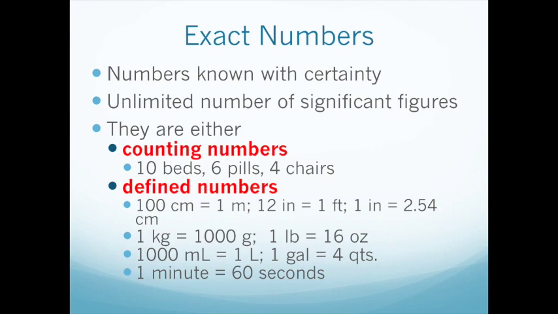They have an unlimited number of significant figures and do not decrease the precision of a measurement. They are either counting numbers, things like 10 beds, 6 pills, or 4 chairs, or defined numbers like 100 centimeters equals 1 meter, or 12 inches equals a foot, and so on.